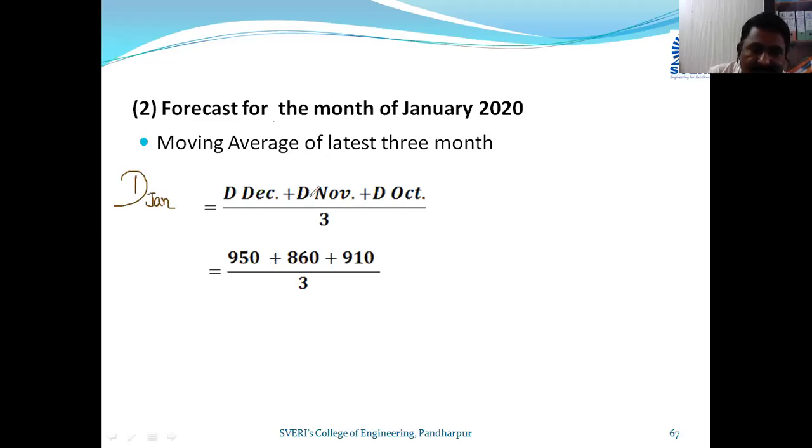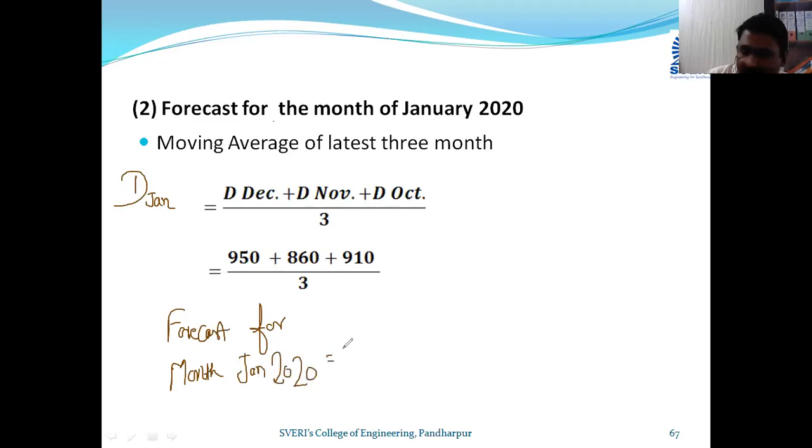So I can take D December, D November, D October: 950 plus 860 plus 910 divided by 3. So you can say here, forecast for the month January 2020 is equal to, already I have given you the answer, we have discussed that it is 907. Whatever units or hours are mentioned. So this is your answer.